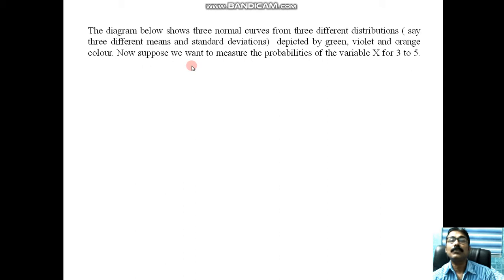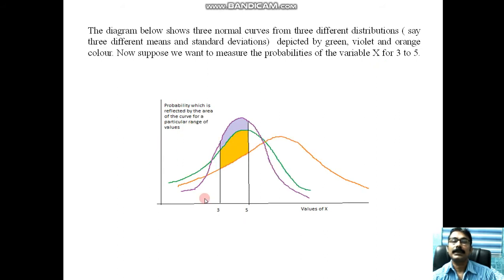Now suppose we want to measure the probabilities of the variable x from 3 to 5. That means we want to measure the areas from 3 to 5. The area for the violet normal curve is highest with respect to this diagram, the next highest is for the green curve, and the lowest area is for the orange.